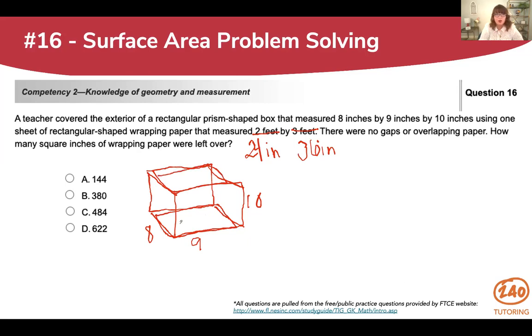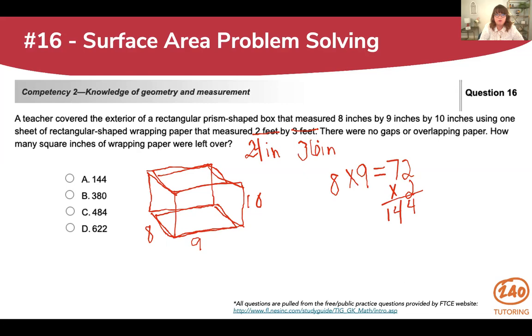To find the area of that rectangle down there, I would do 8 times 9, and I get 72. I know there are 2 of those, so I would double that, 72 times 2. You could certainly do this on a calculator, but so far the math hasn't been hard, so I've just been doing it manually.